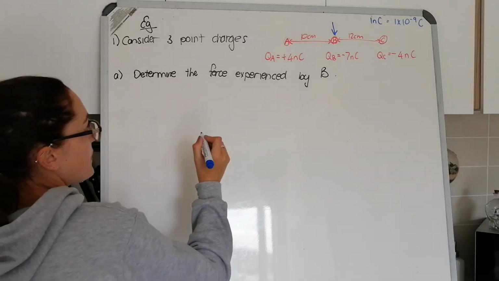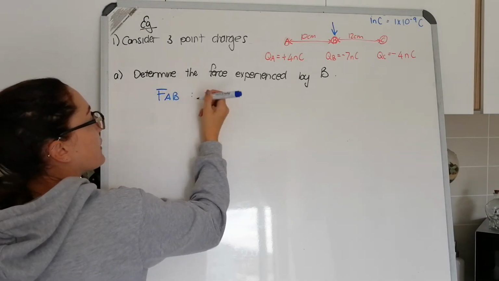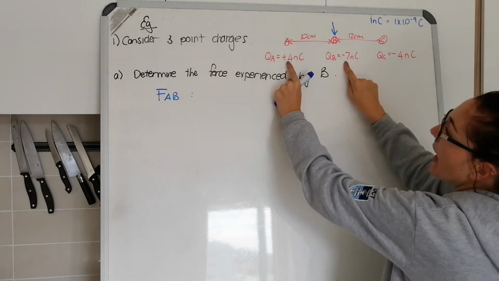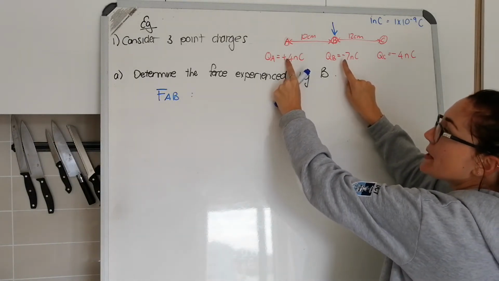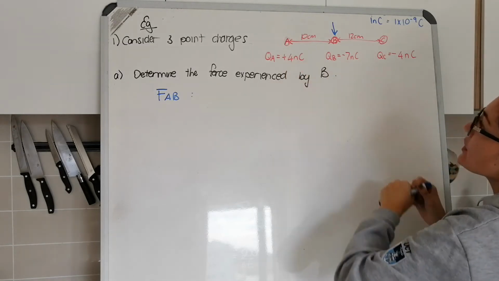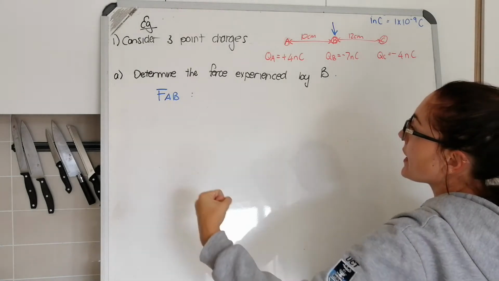So the force of A on B, let's have a look here now. B is negative and A is positive, which means it's going to be an attractive force. So the force of A on B is going to want to pull B to the left, right? It's going to want to attract B to it.